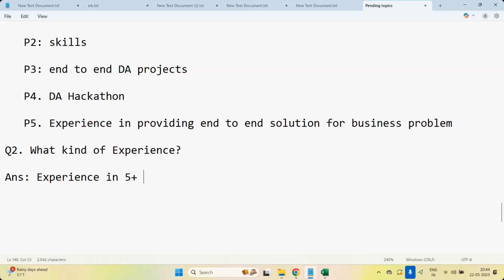So I am having the experience in 5 plus end-to-end projects, implementing the complete project pipeline, or by implementing the project methodology.